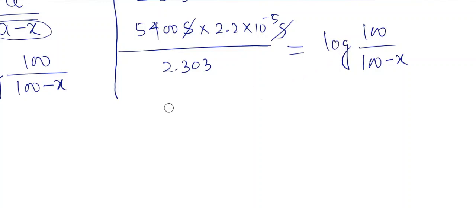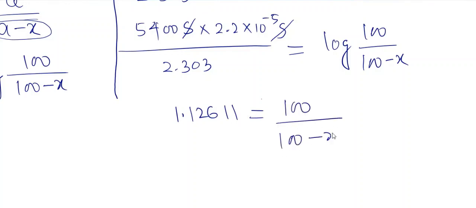Then what will be the value? You will get 1.12611 is equal to 100 by 100 minus x, as the logarithm is removed. To remove the logarithm we take the anti-log, or 10 to the power of this value, and then the logarithm cancels out.